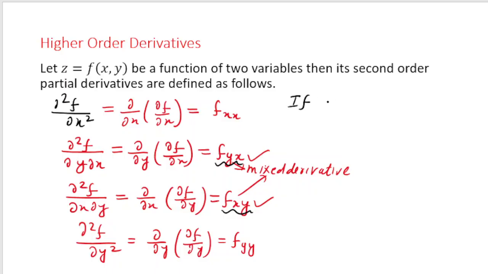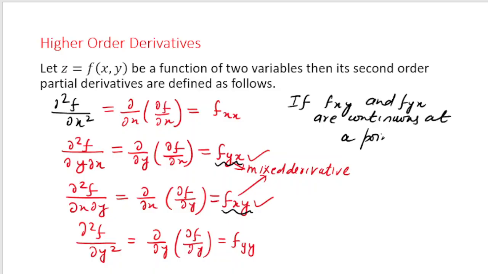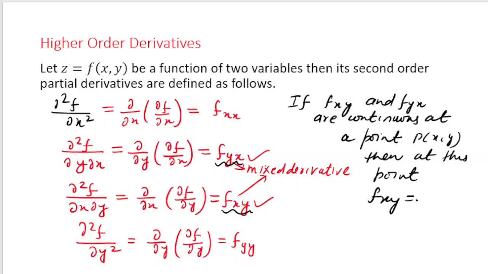I am writing it: if f_xy and f_yx are continuous at a point P(x, y), then at this point f_xy is equal to f_yx. So this is how it should be looked at.